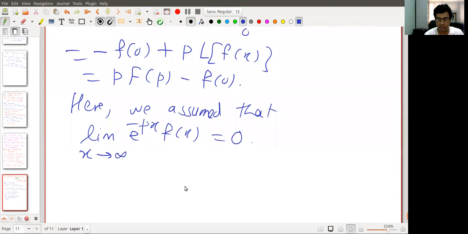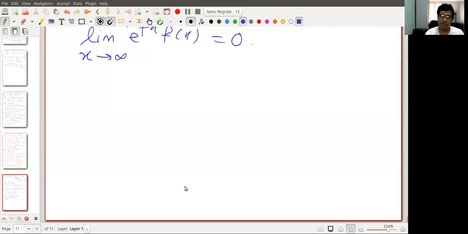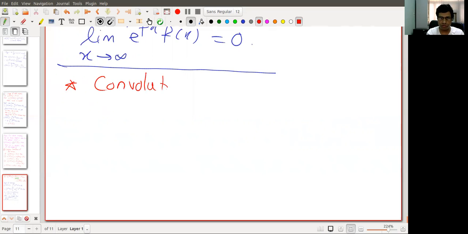Now the next thing is the convolution theorem. Before that we discuss what is convolution. So we take two functions. Okay, and this is one type of product of two functions.